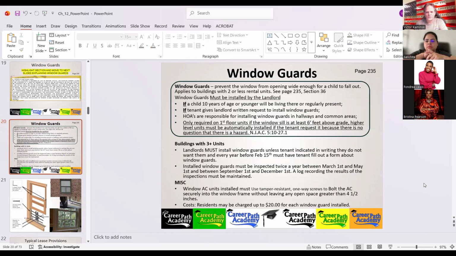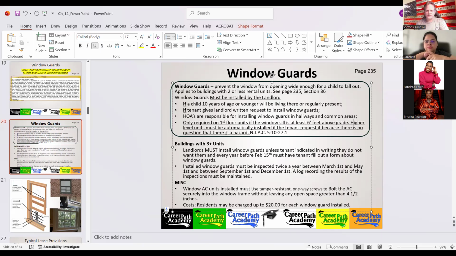All right, so there we go. It all fits, and we got further explanation there now. Only required on first floor units if the window sill is at least 6 feet above grade. Period.